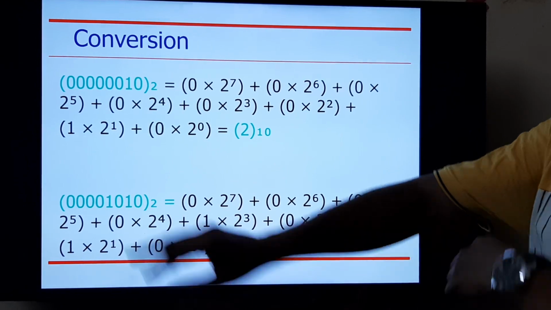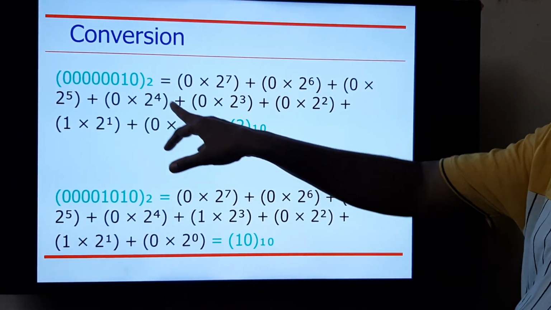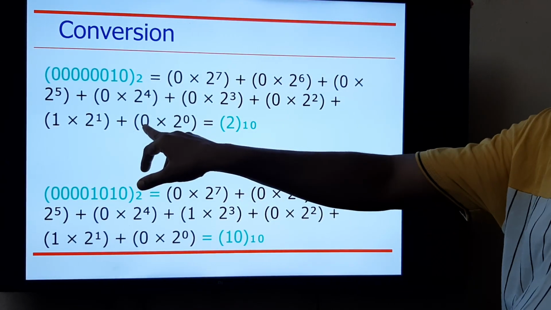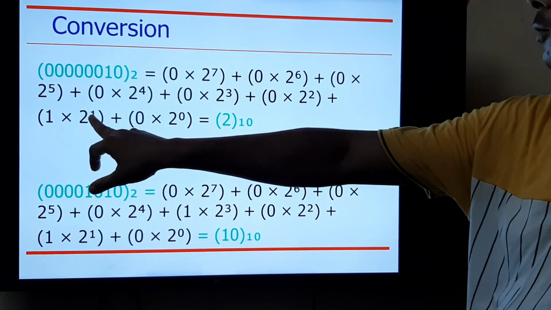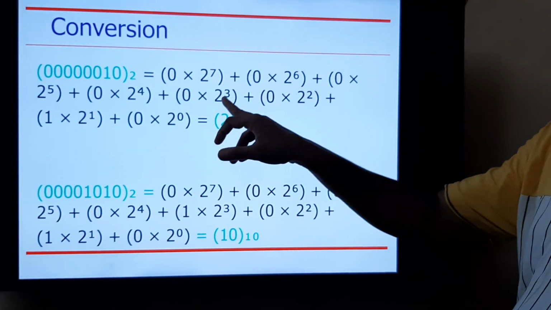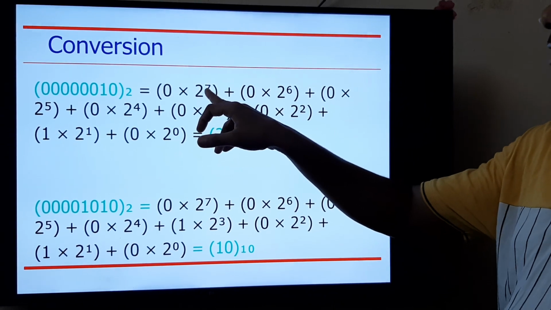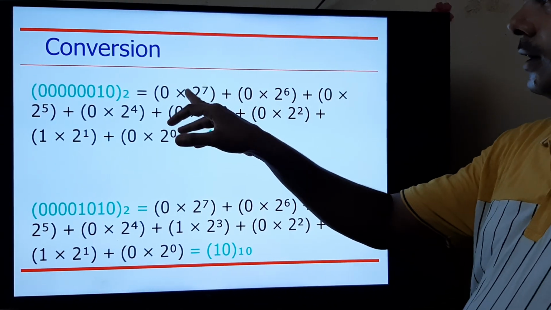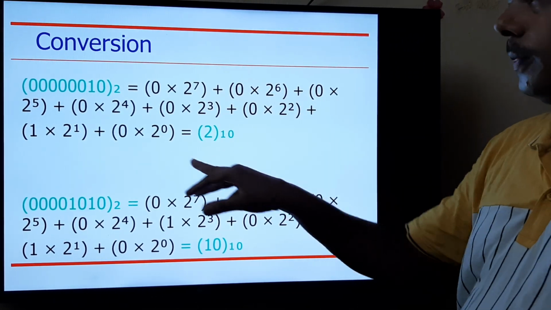This is the formula. This is the binary. Starting from this one, 0 into 2 to the power 0. Second bit into 2 to the power 1, 2 to the power 2, 2 to the power 3, 2 to the power 4, and so on up to 2 to the power 7 for the 8th bit. As all these are 0, something into 0 is 0.